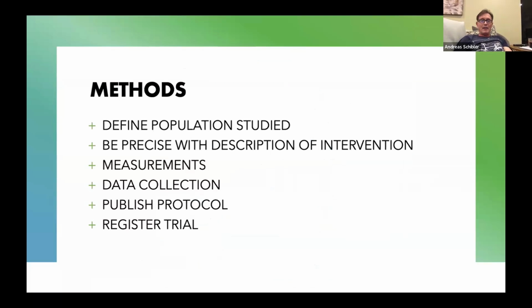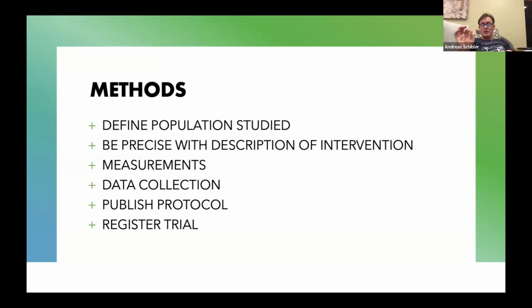Now, going into the methods, very important. Think about how you defined the population you study. So you need to have a clear definition of the exclusion and inclusion criteria. If you're too large, you're going to fail. If you're too tight, you're going to fail as well. And you need to have a good prescription or precise description of your intervention. And make your measurement, how you measure it, precise.